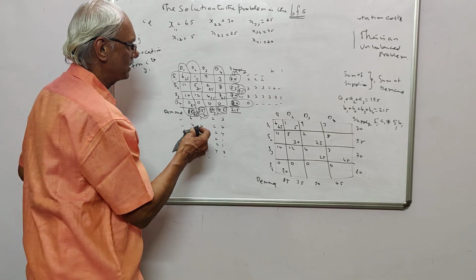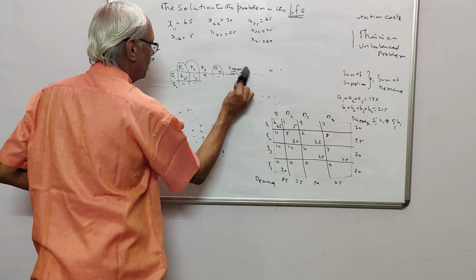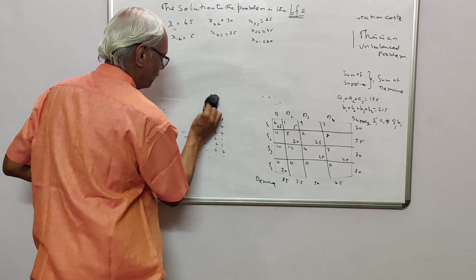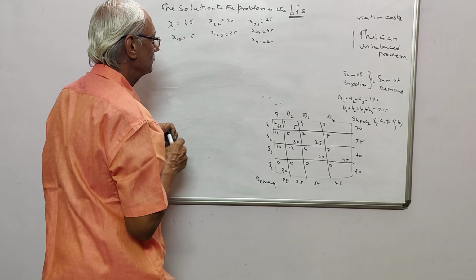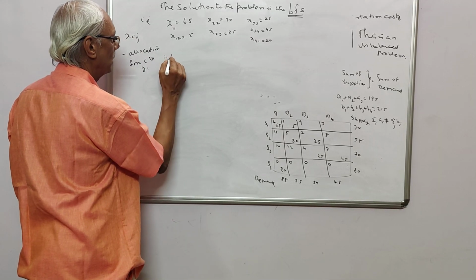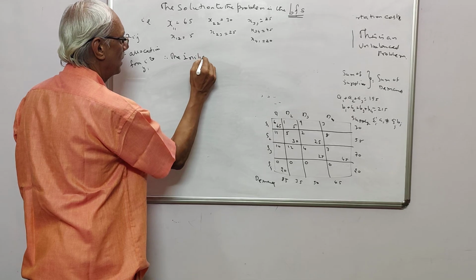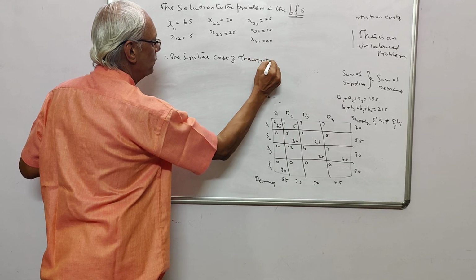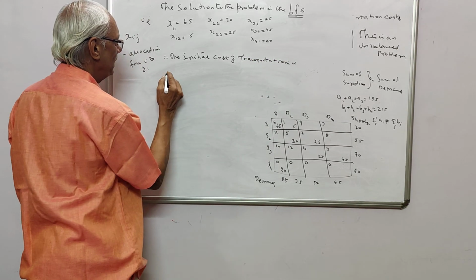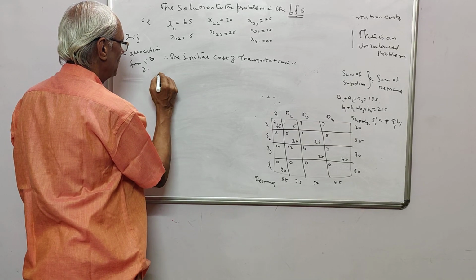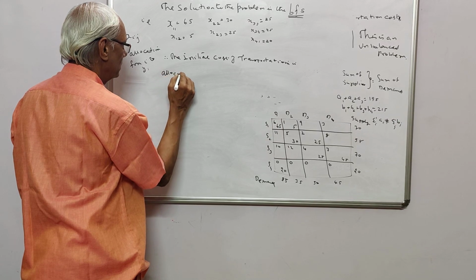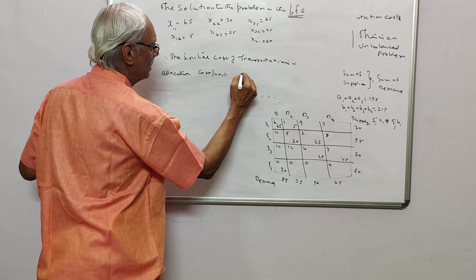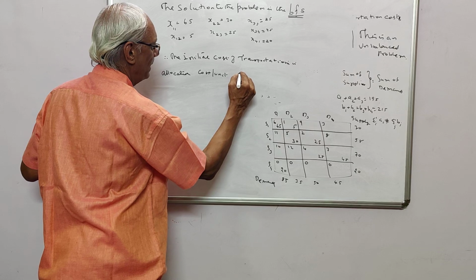Now you must write this as, therefore, the initial cost of transportation is, see, allocation, cost per unit and total cost.